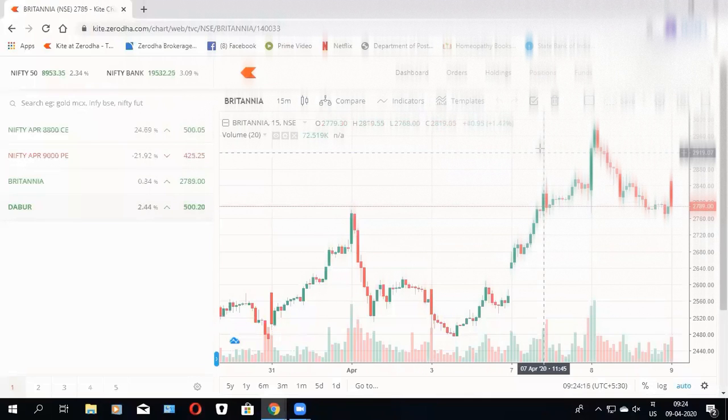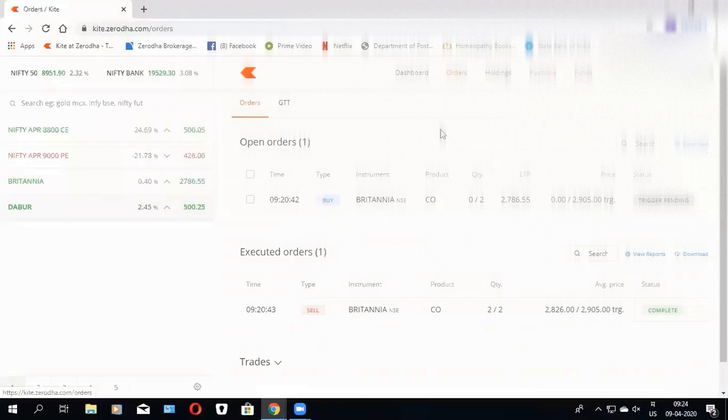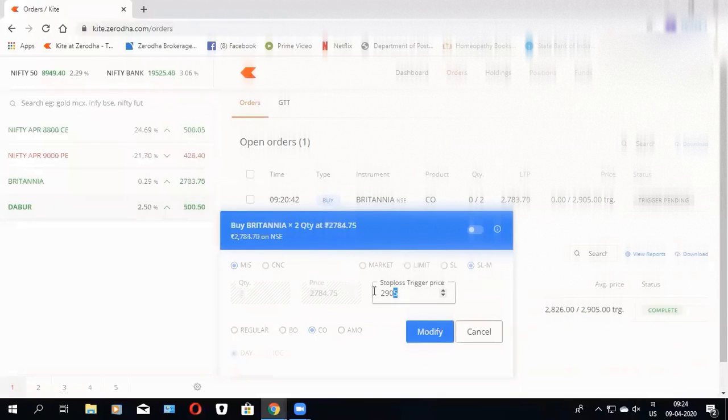I saw it falling more. So what I do is I just edit it. I just wanted to exit. So I keep a price which is near to the LTP.